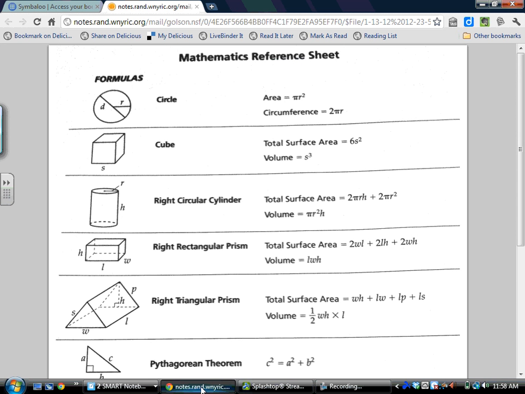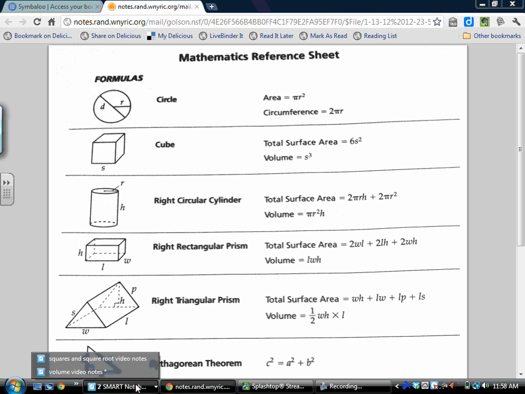If we look at our reference sheet, which will be given on the state test, and I will give you for the test on this chapter, you have rectangular prism. You got the picture here. Volume is length times width times height. So length across the bottom, width goes this way, and the height goes from bottom to top.